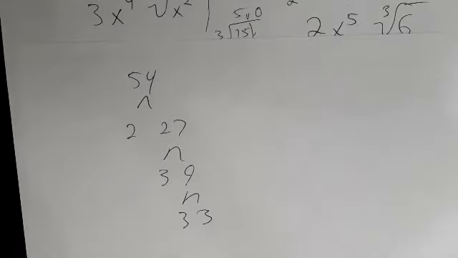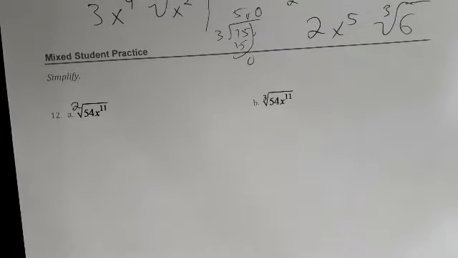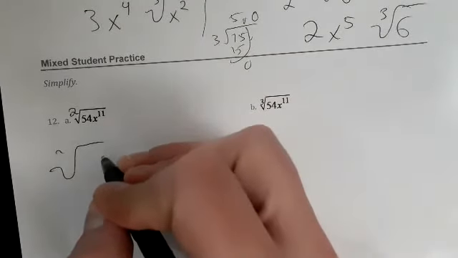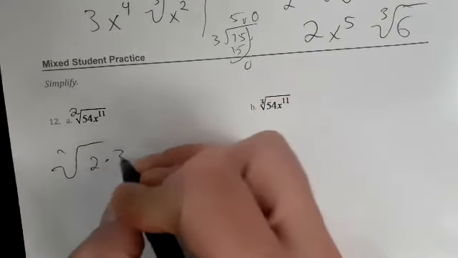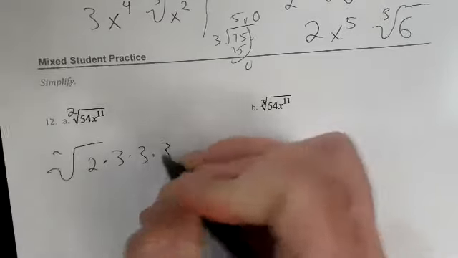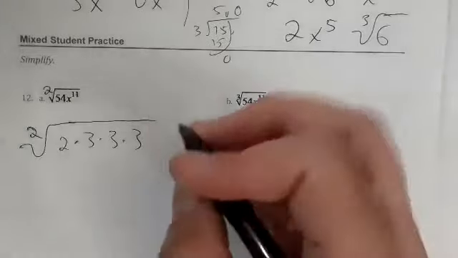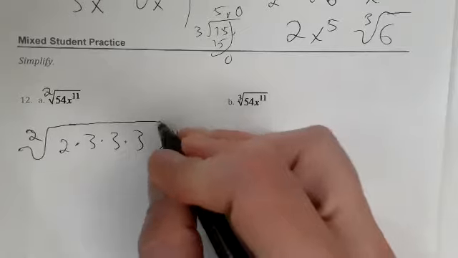Okay, so 2 times 3 times 3 times 3 is 54. So if we're doing a square root, 2 times 3 times 3 times 3, and I have an x to the 11.